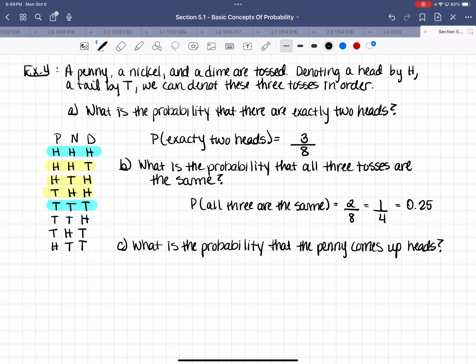Okay, we don't care what happens to the nickel and the dime. We just need the penny to come up heads. We want the probability that penny is heads. Okay?